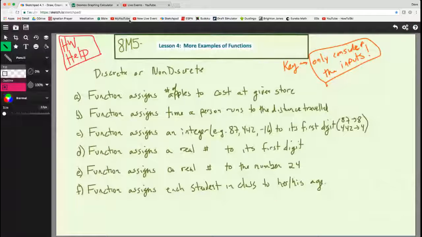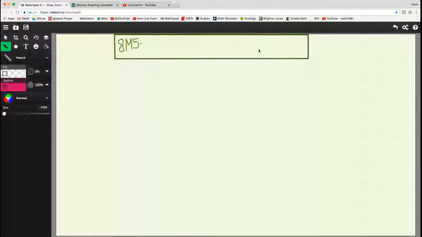Okay. Now, let me do one more thing. Let's go ahead and give some examples here, and then we're going to come back. So these will be examples of discrete functions. Remember, these are like whole.